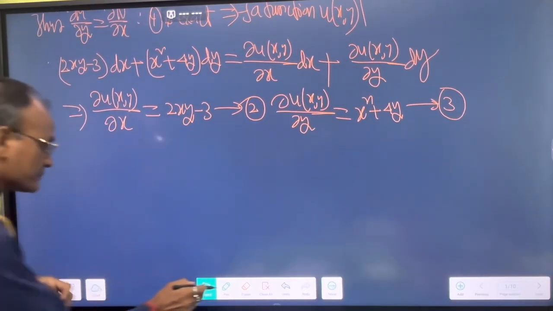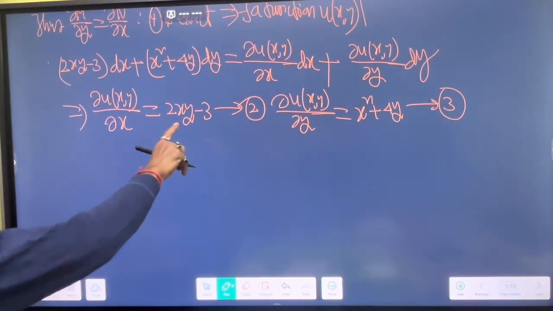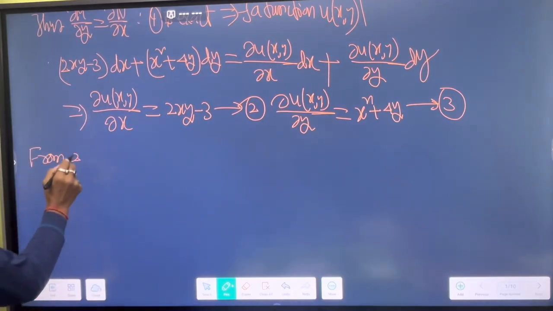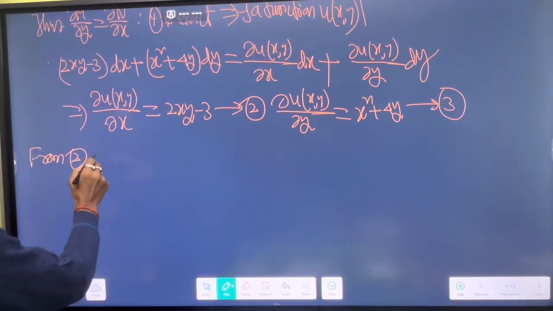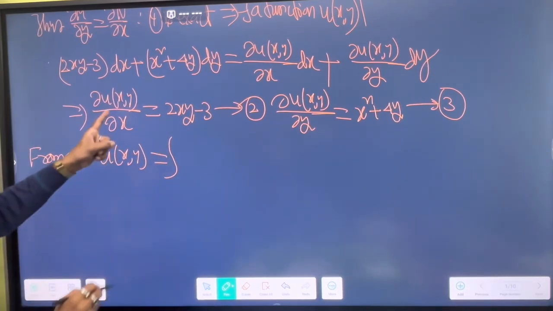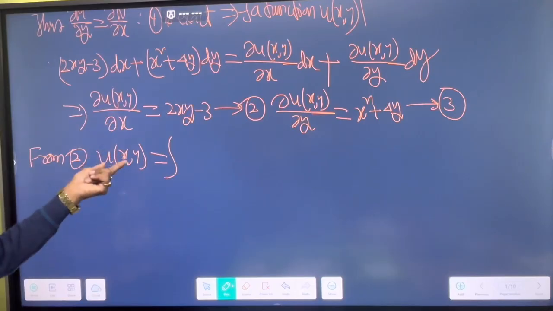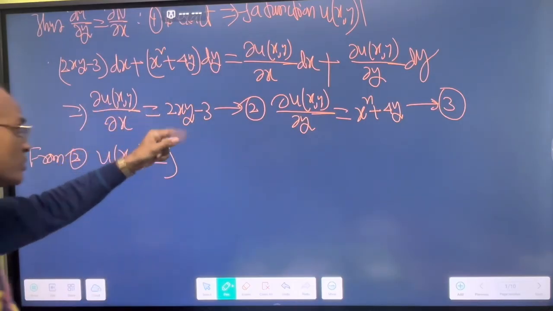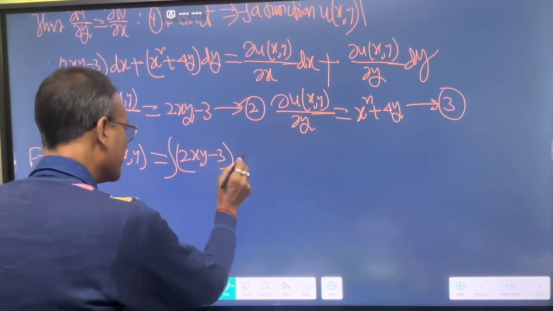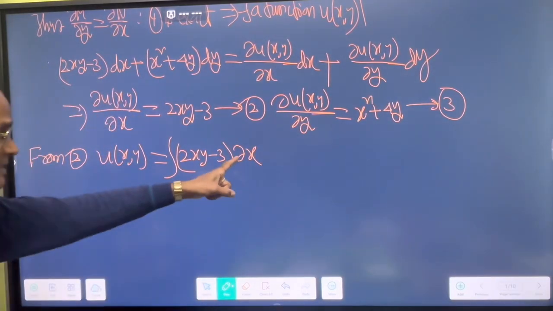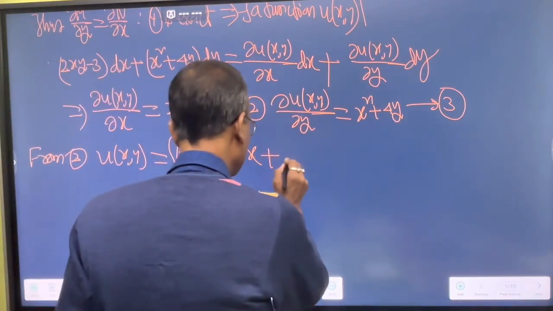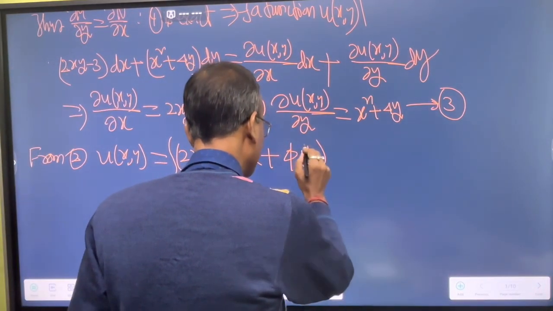Now, from 2, u(x,y) equal to the partial integration of this with respect to x. Therefore, it will be the integral of twice xy minus 3 dx, treating y as constant, plus phi of y.